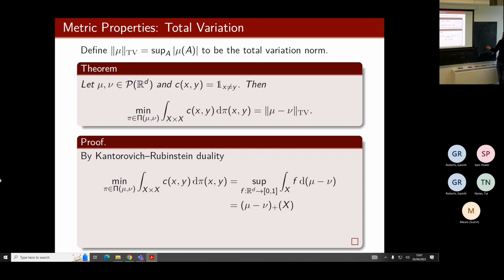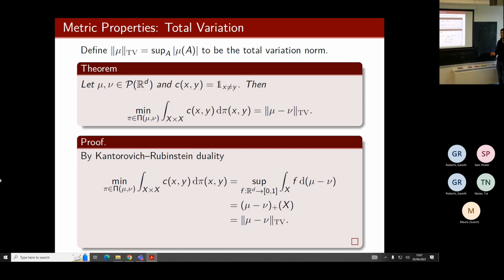The cost function here is either 1 or 0, so this is just the supremum over all functions f which map into 0 or 1. And if you take the supremum here, this is exactly the positive part of mu minus nu, which is the TV.